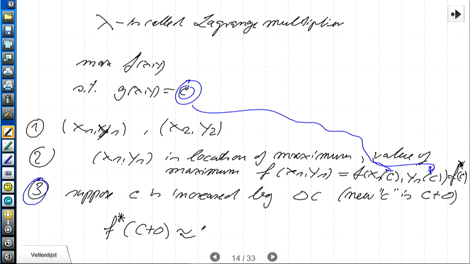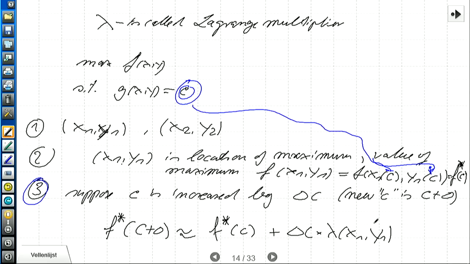Now, coming back to point 3, this should be approximated. And how does approximation work? It says use the function value you have at c plus the change times the derivative, which in this case is the lambda value.